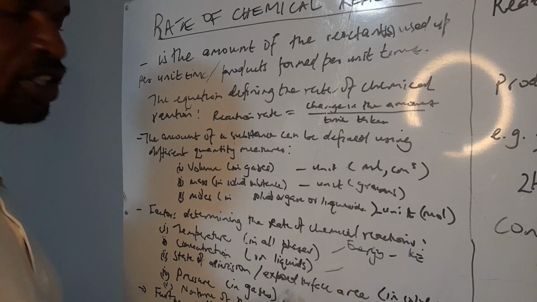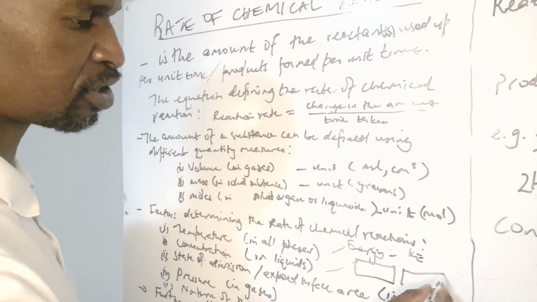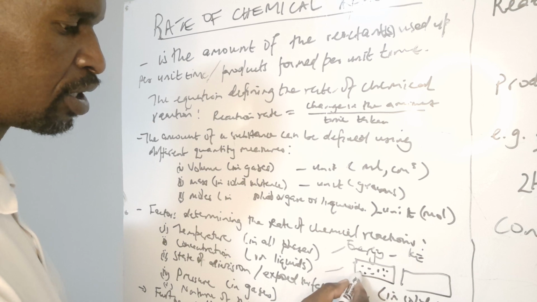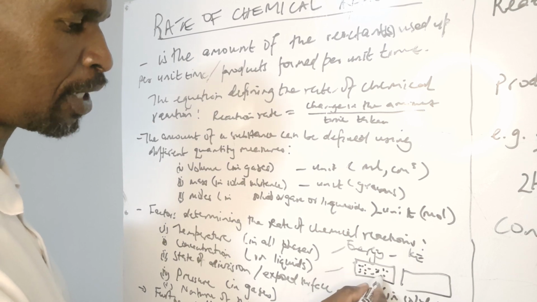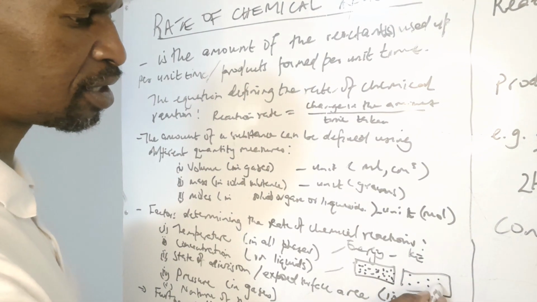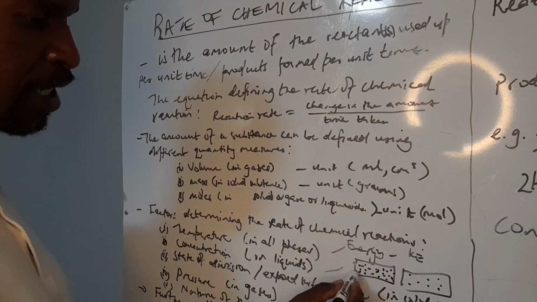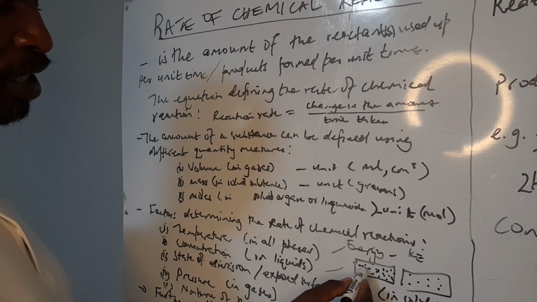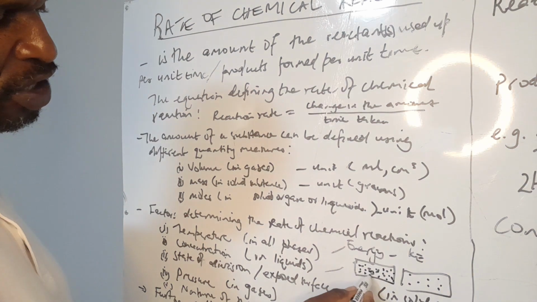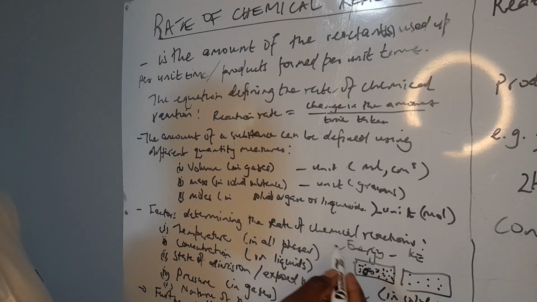We can explain that with the issue of concentration, if I use two equal volumes. When the concentration is very high, it means I've got my particles very, very close to one another. So if particles are very close to each other, it will take a much shorter time for any two particles to come together and collide, so that a reaction may take place.